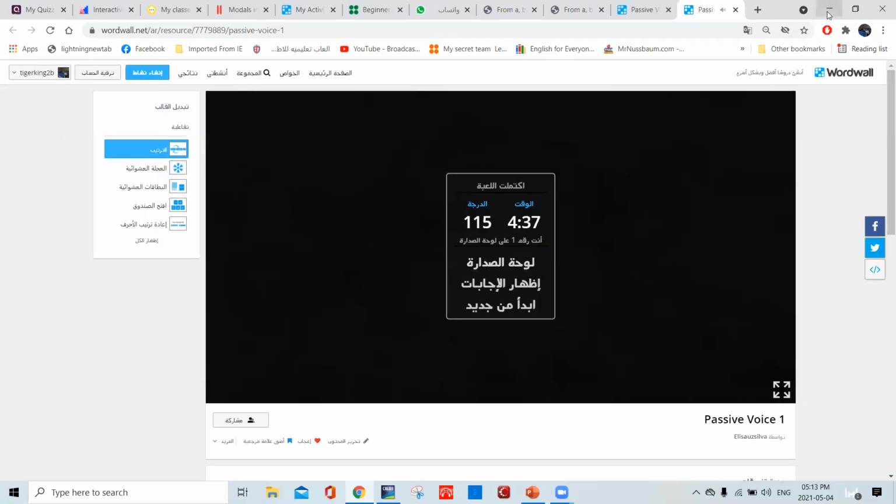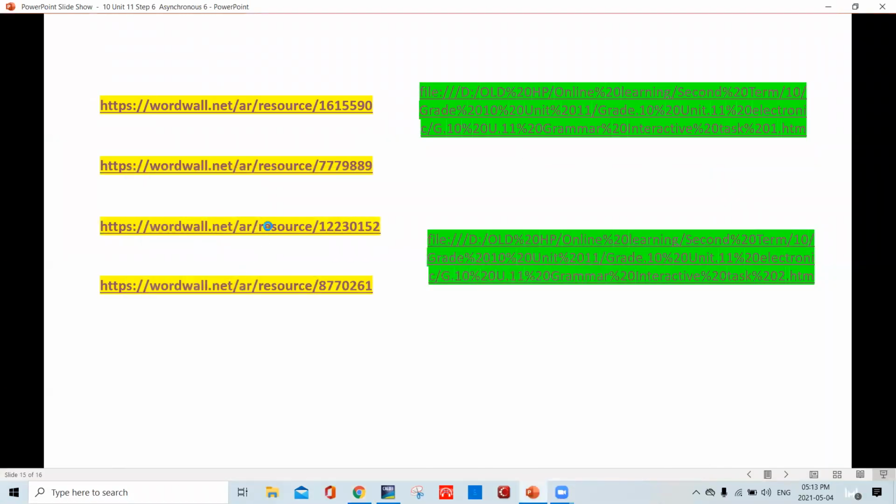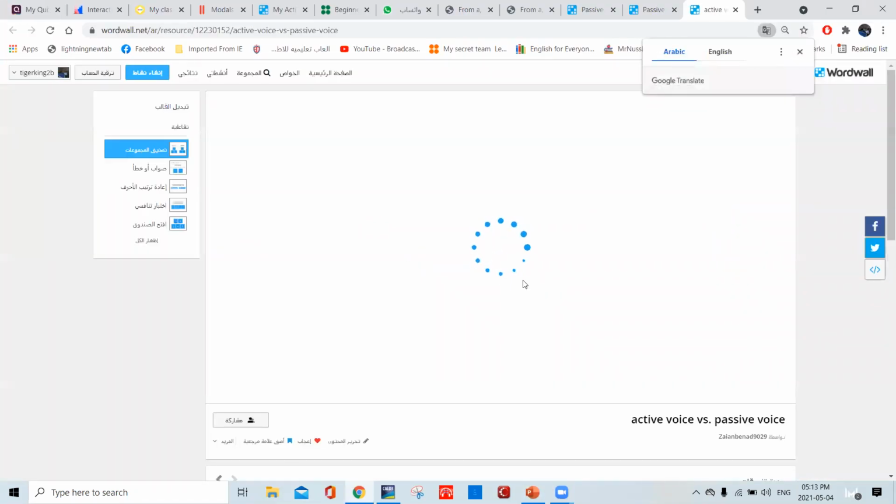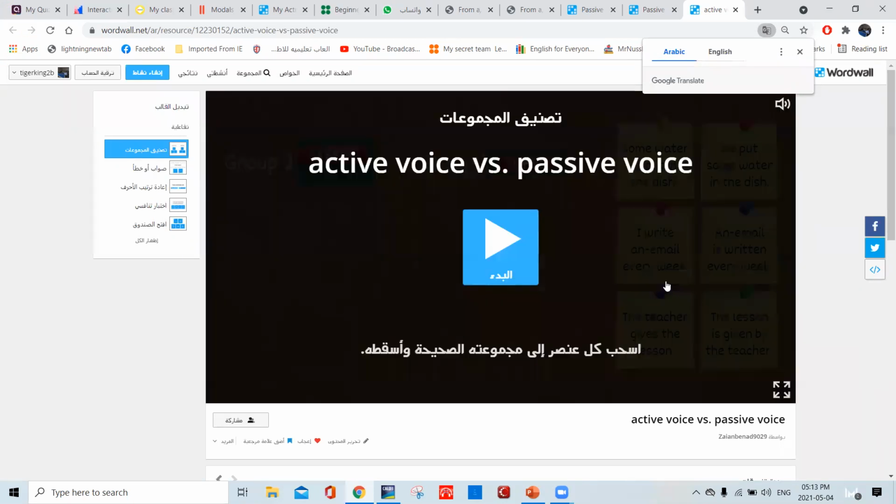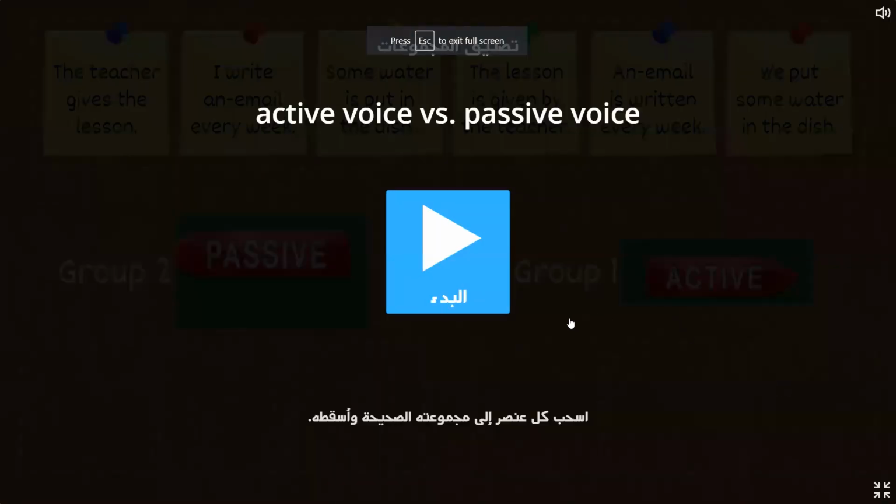Now let's move to the next exercise. Number 3. You are going to decide if these sentences are active or passive.